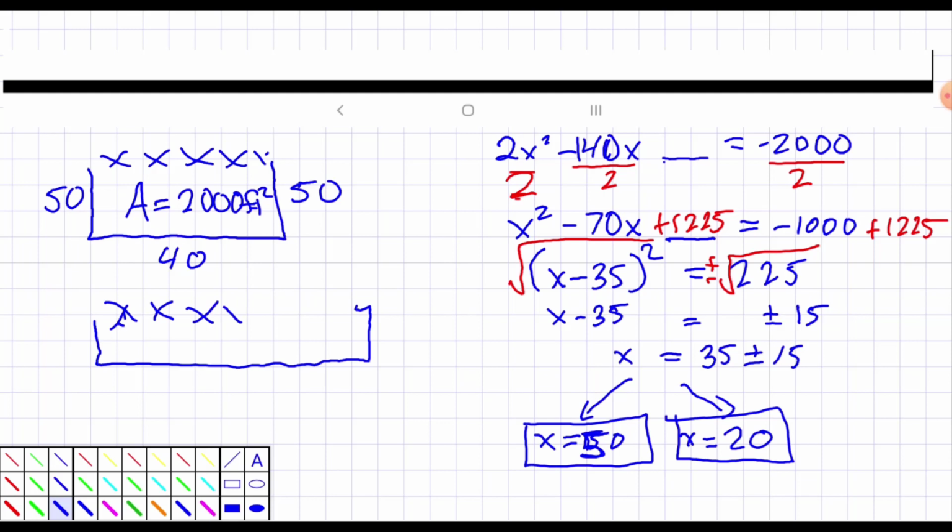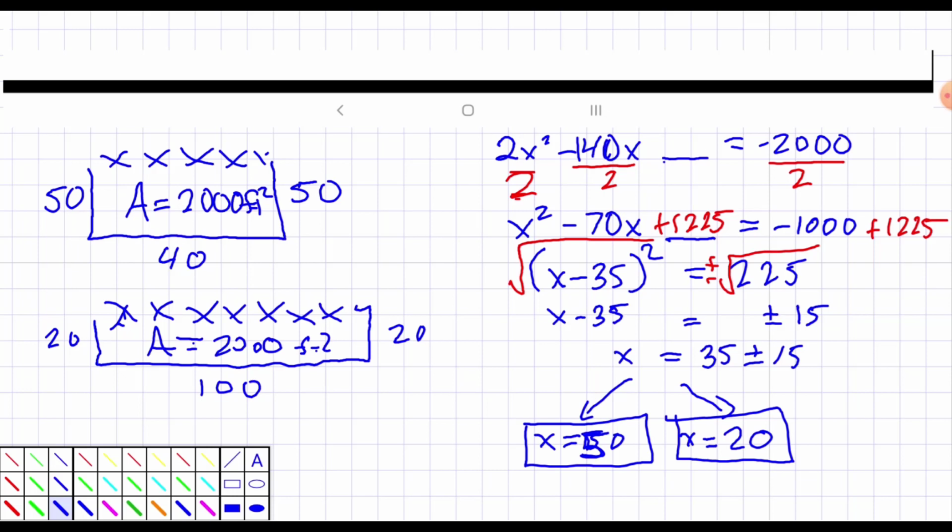And again, we don't need the fourth side. But the dimensions would be 20, so one side would be 20, the other side would be 20 also. And the bottom would be how long? So if that's 20 by 20, that's 40. We're left with 100. And what would the area of this rectangle be? So if we multiply that out, length times width, we should get 2,000 square feet.